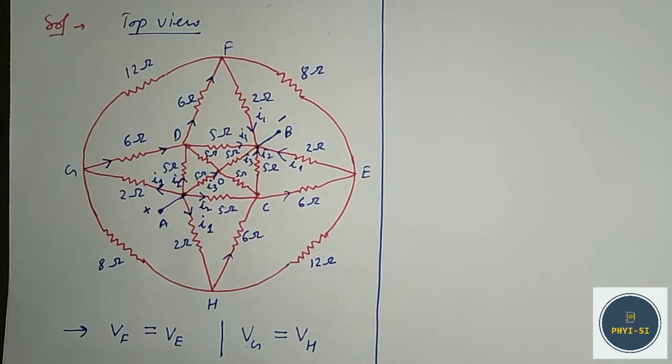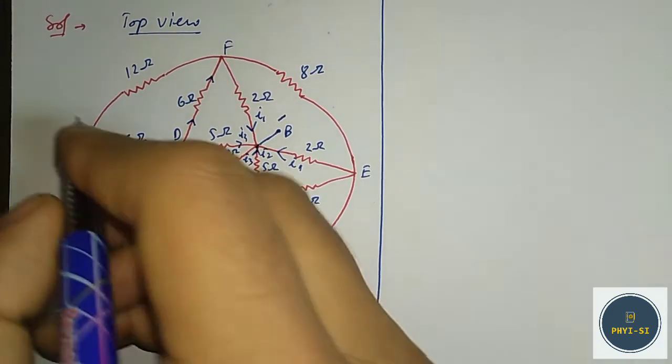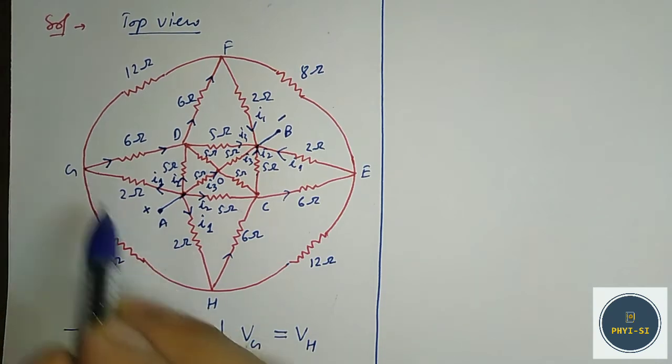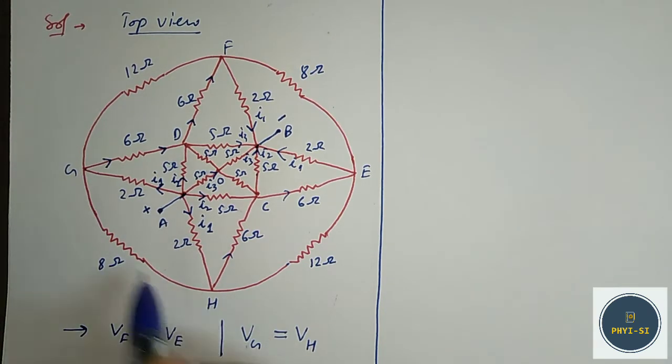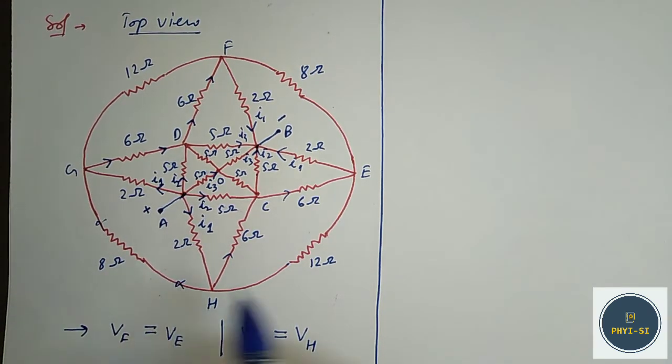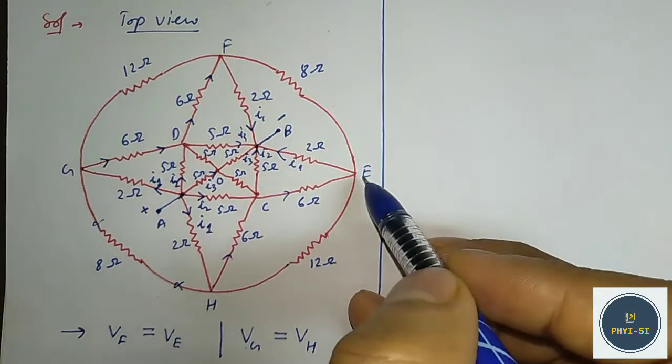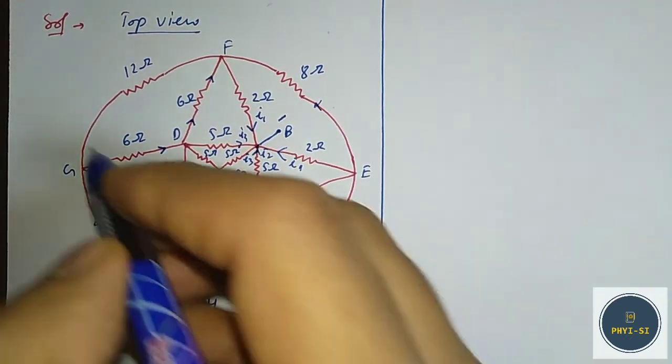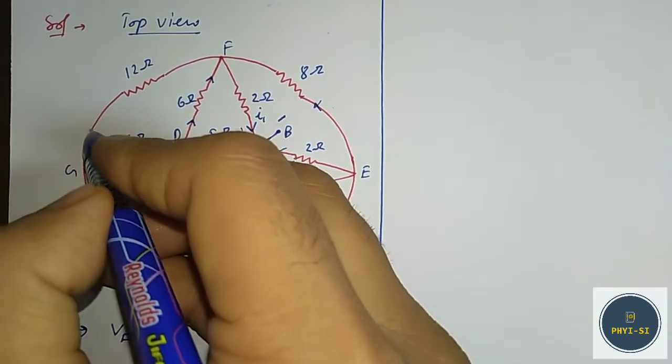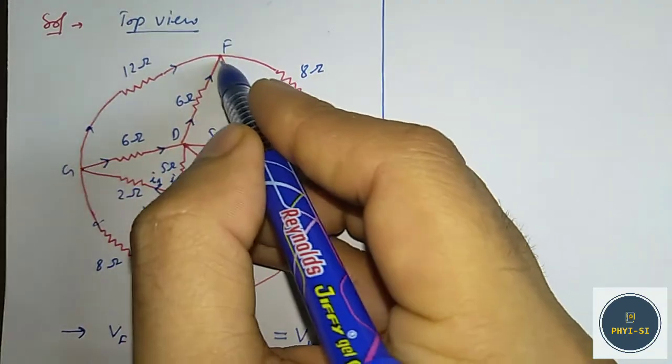Right? So the potential of G and H is the same, so no current here. And F and E potentials are the same, so no current here. So current can flow from here, then here, then here.